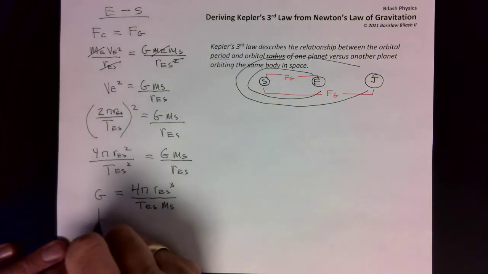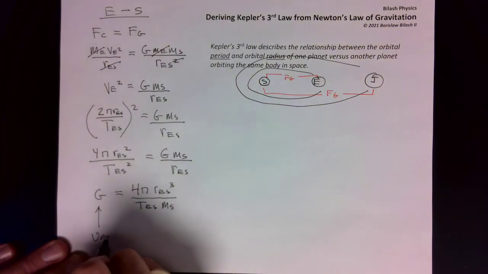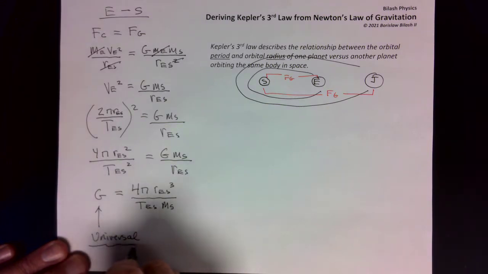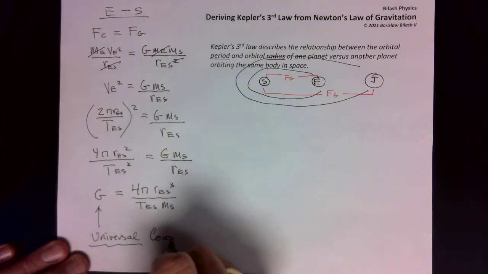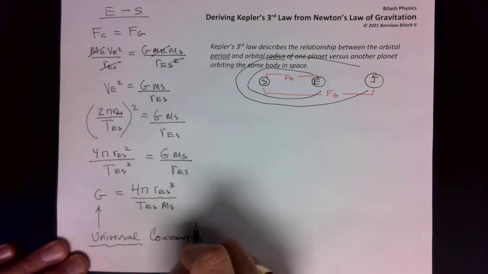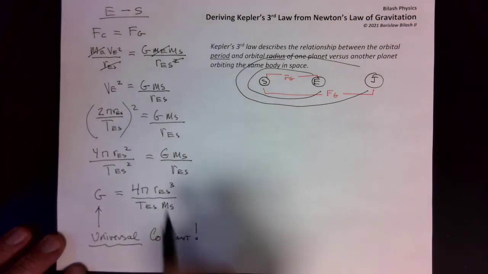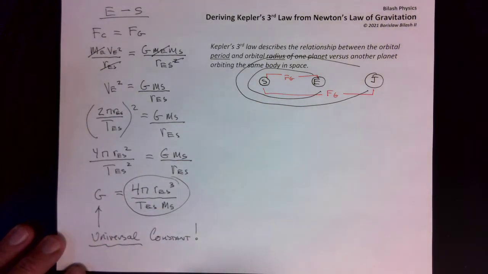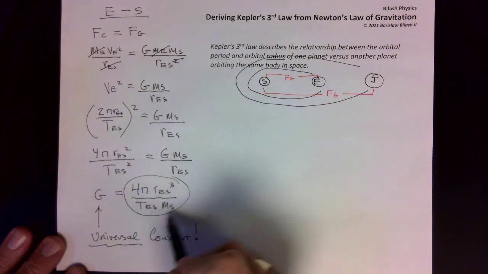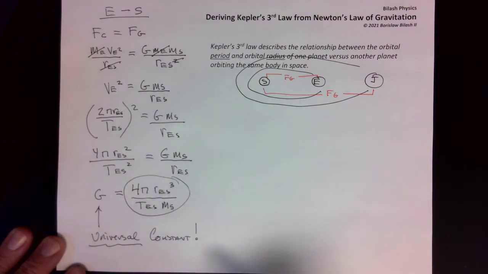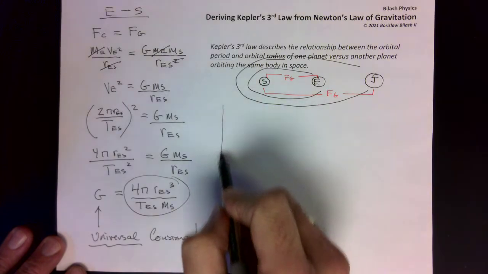This G right here is the universal gravitational constant. It's a universal constant. It applies to all planets, all celestial bodies. I'm going to use that fact, which means that this relationship applies to every single planet.